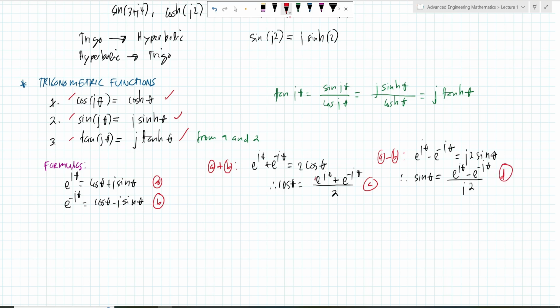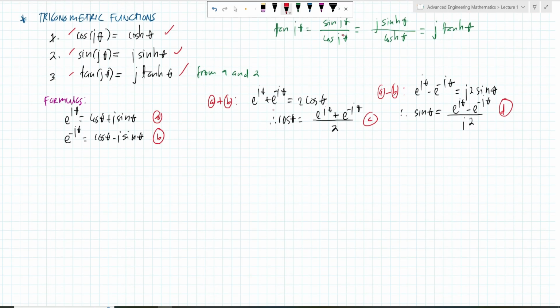Next, we need the formulas for hyperbolic functions. From your calculus or analytic geometry, you should have encountered these formulas.